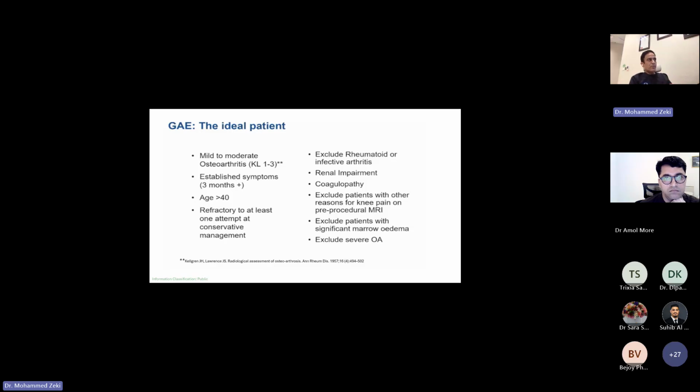The patients who are not suitable: patients with arthritis due to rheumatoid or infective arthritis, patients who have renal impairment, because we do use contrast, patients with coagulopathy, and also exclude patients who have other reasons for pain, and exclude patients with significant marrow edema, because we are worried about bone necrosis, and also severe osteoarthritis. So osteoarthritis with real structural damage, these patients will not benefit from microembolization.